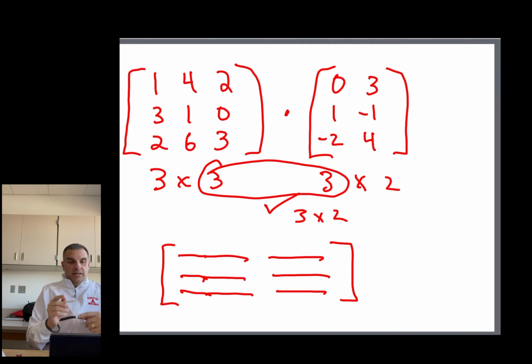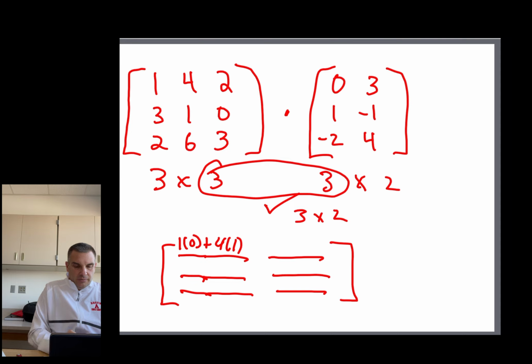So we've got 1 times 0. So we're going to go 1 times 0 plus 4 times 1. I'm just going across the row and down. Plus 2 times negative 2. Okay, I'm going to make this bigger.